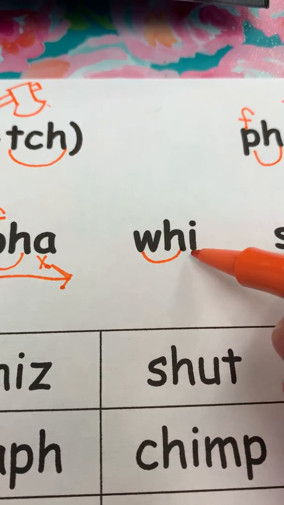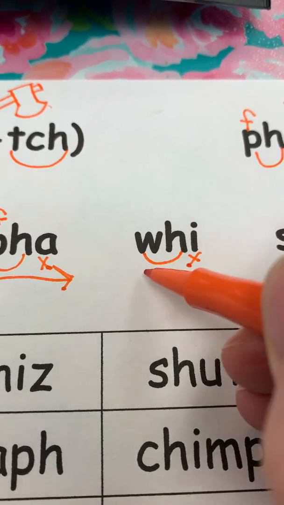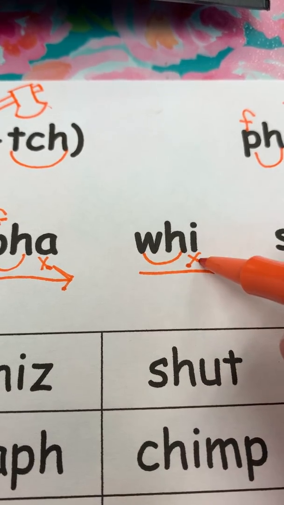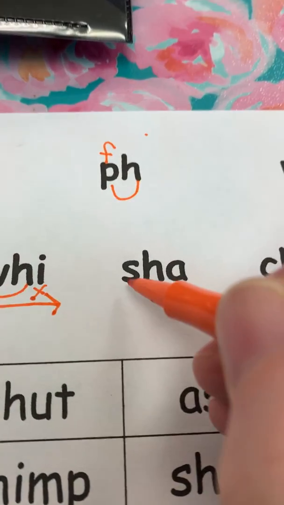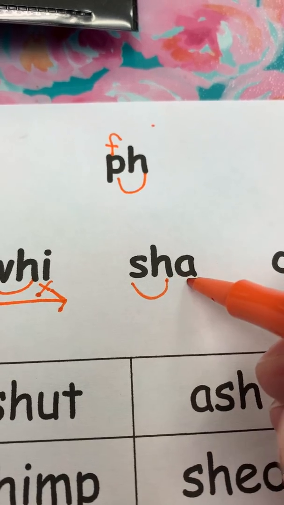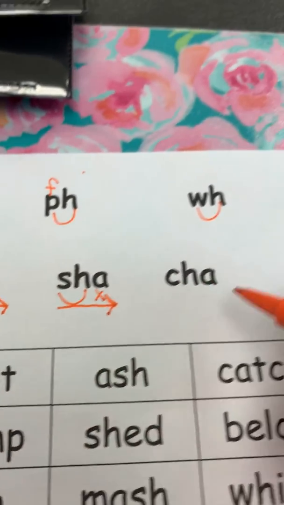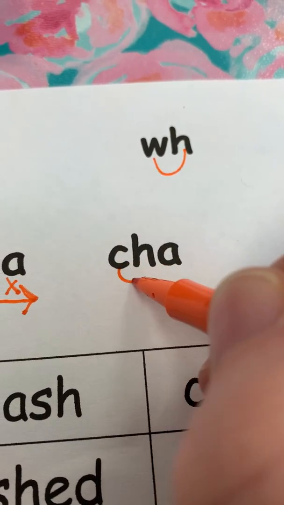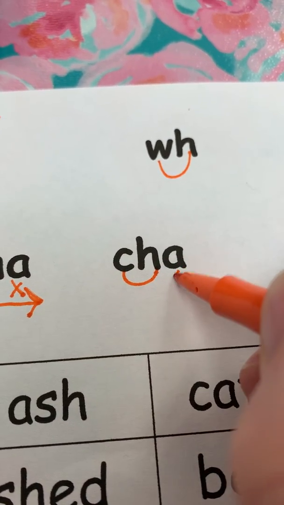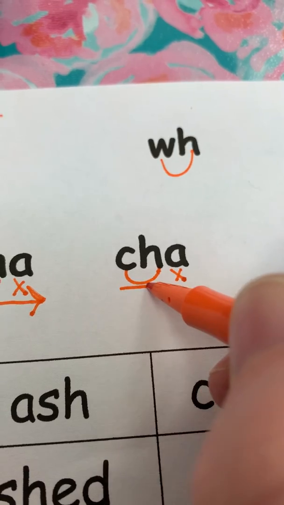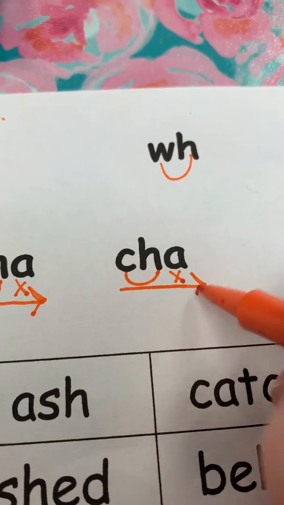WH, wh. Mark your vowel I, slide them together, whi. SH, sh. Your vowel A, slide them together, sha. CH, ch. Mark your vowel, slide them together, cha, cha.